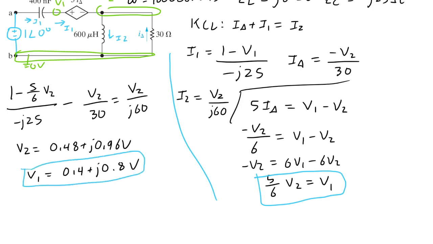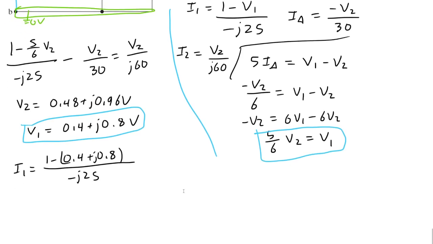So I1 is going to be (1 minus 0.4 plus 0.8J) divided by the impedance minus J25. So that ends up being 0.032 plus J0.024 amperes.